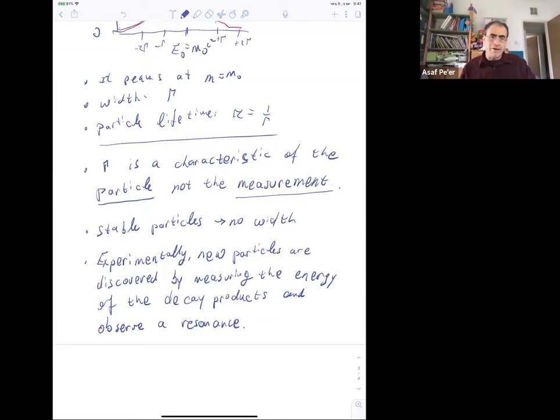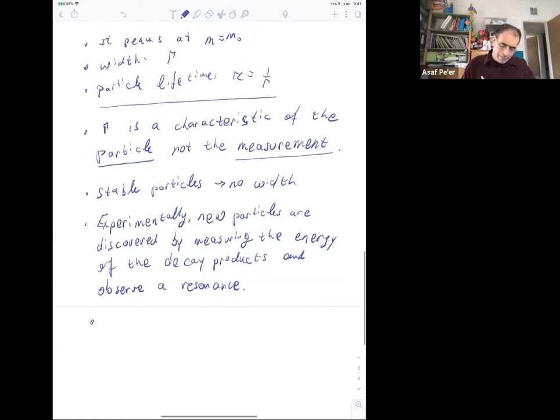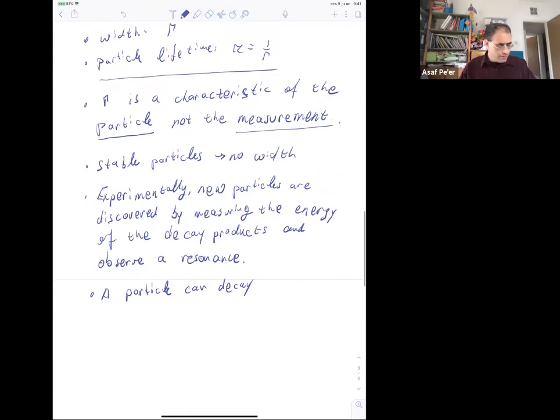Now, a particle can normally decay in several different ways, and the terminology for that is channels. So we have a decay channel. Each can have a different probability. So let me write down: a particle can decay in several different ways. These are called channels.